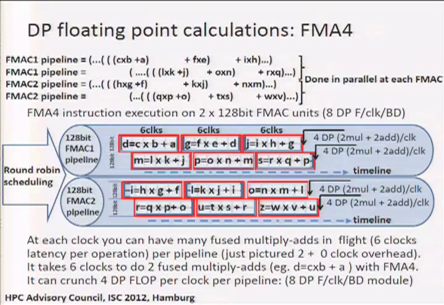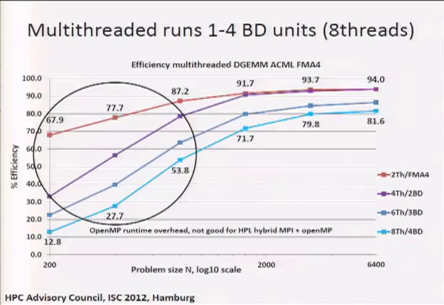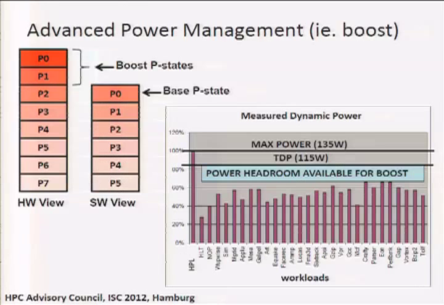Certainly, I didn't want to spend time in here going through that, but what happens is, if you're using only 1 thread, it's going to burn a certain amount of power. If you use the 2nd thread, it's not going to add additional power because they are both threads in the same Bulldozer unit. So the extra boost that you can get by not using the 2nd thread is very, very minimal.